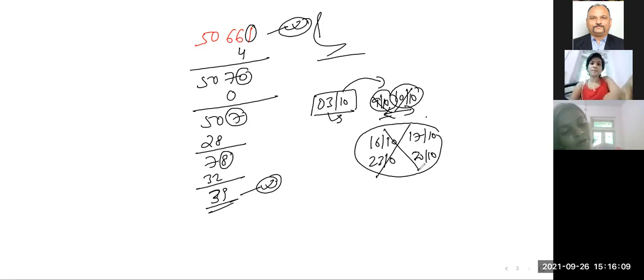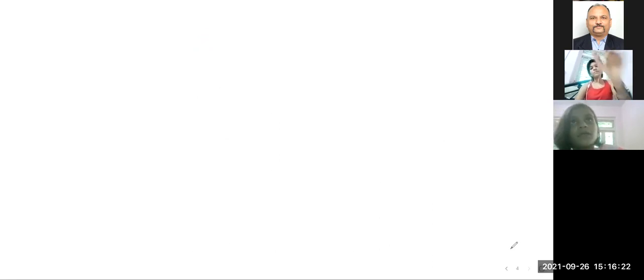So is this divisibility by 13 also clear to everyone now? Okay. Now, can you just tell me what should be the divisibility by 20? Any idea? If the number is divisible by 4 and 5, then it is divisible by 20. Very good.